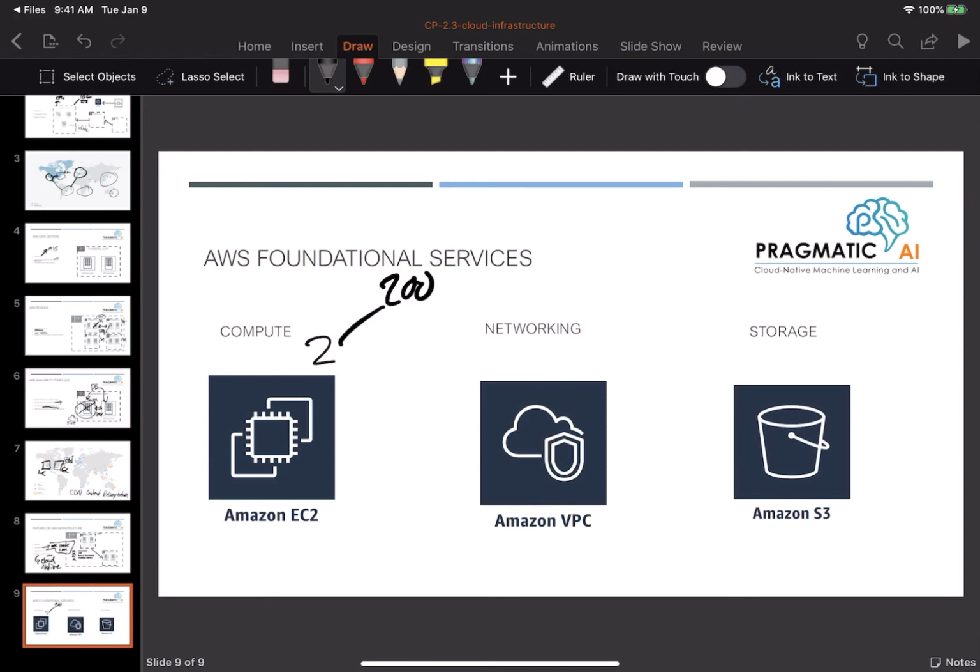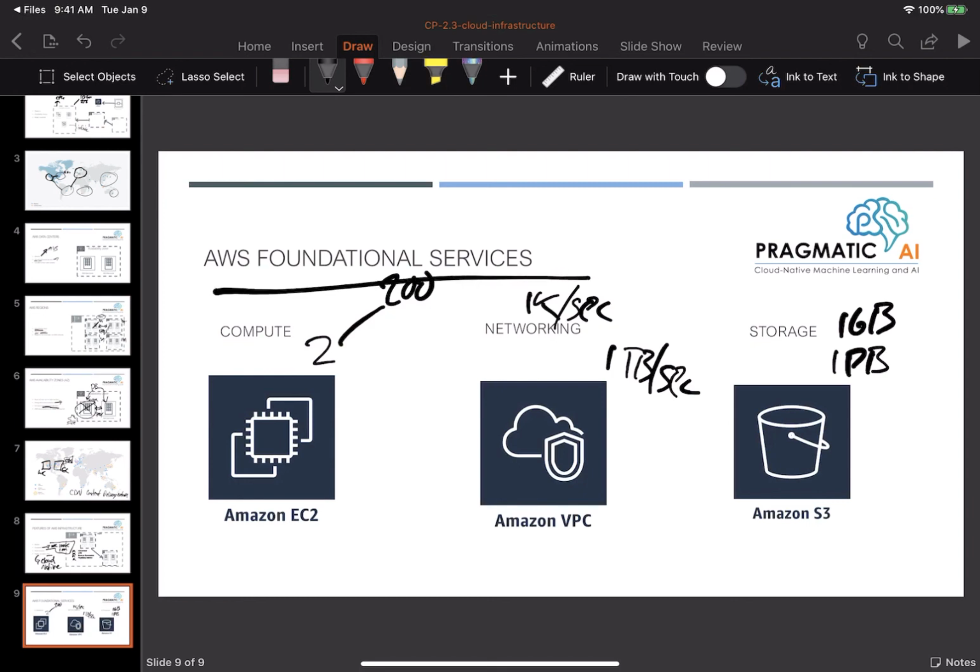For networking, maybe you start with a very small amount of data, like 1K per second, and you can go all the way up to 1 terabyte per second, right? And then in terms of storage, you could start off with 1 gigabyte, and then you could go all the way up to 1 petabyte. And all of this is built into these foundational services, and they're typically around these core components: compute, networking, and storage.